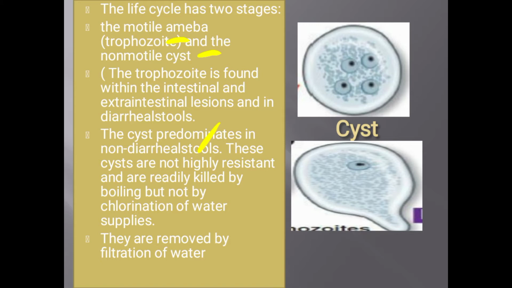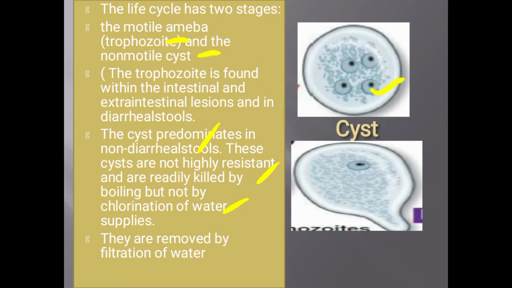These cysts are not highly resistant and are readily killed by boiling, but not by chlorination of the water supply. They are removed by filtration of water. Look at the figure.